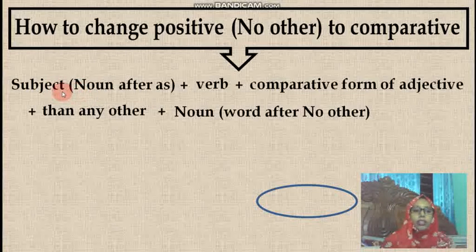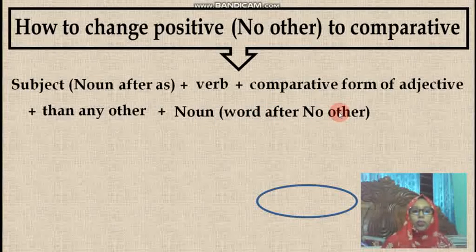The subject, that is the noun after "as", the very last subject after "as", we have to write first. We have to write the subject after "as", then use the verb according to the subject, then the comparative form of the adjective, and then "than any other", and last we have to use the noun that comes after "no other".